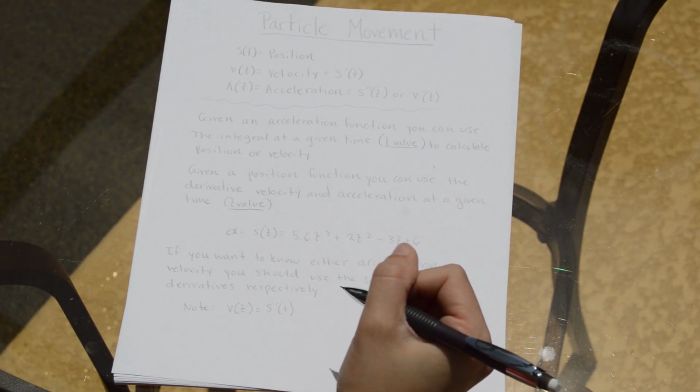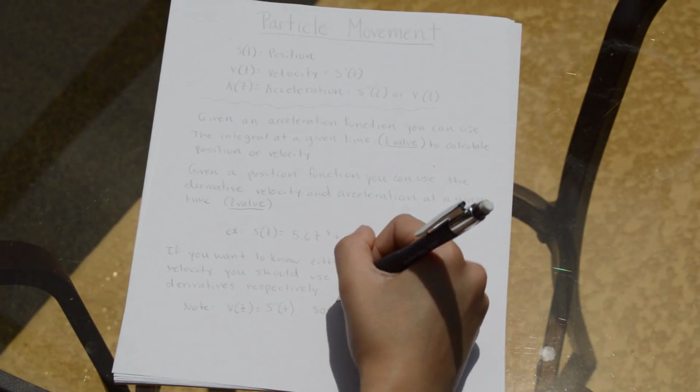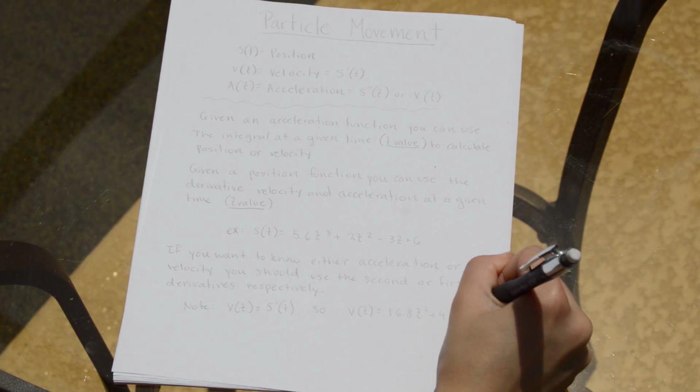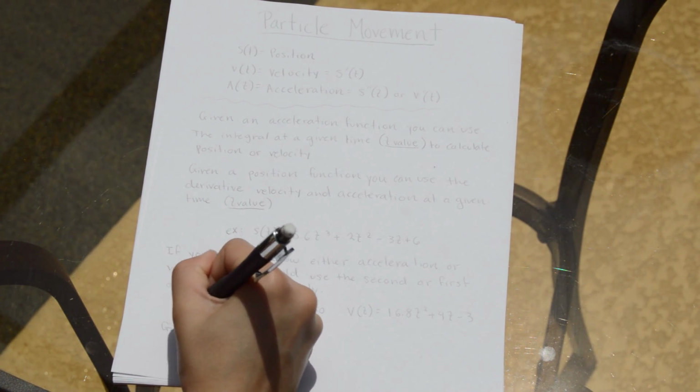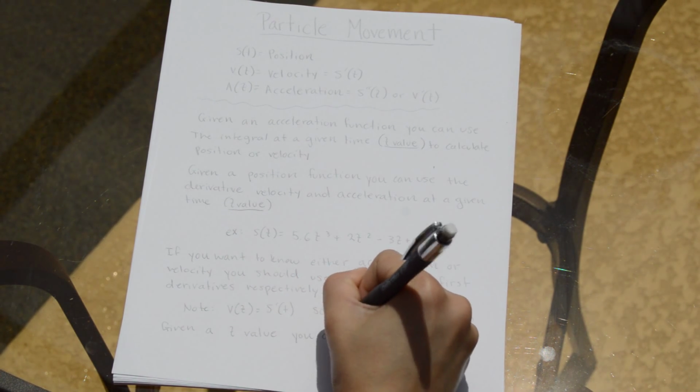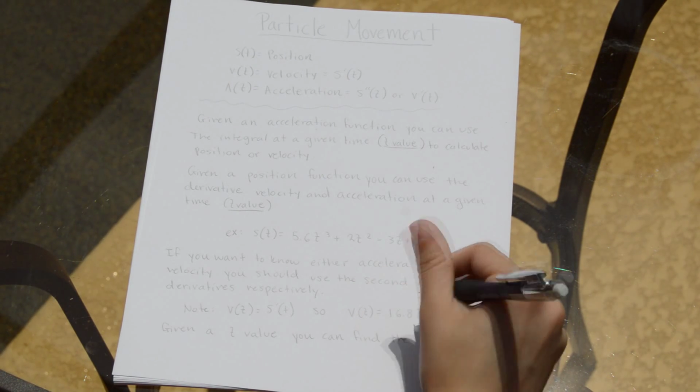Note, v of t equals s prime of t. So, v of t equals 16.8 t squared plus 4t minus 3. Given a t value, you can find the velocity.